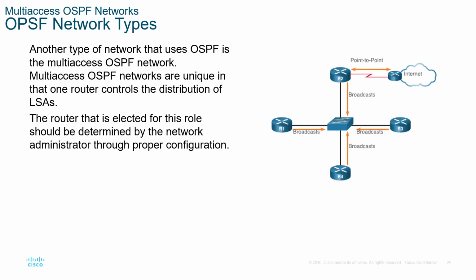We want to optimize things. How do we do that? By electing the designated router and the backup designated router. All the other routers will only be adjacent with the DR and the BDR. The DR and BDR will then propagate the information from every single one of these routers.